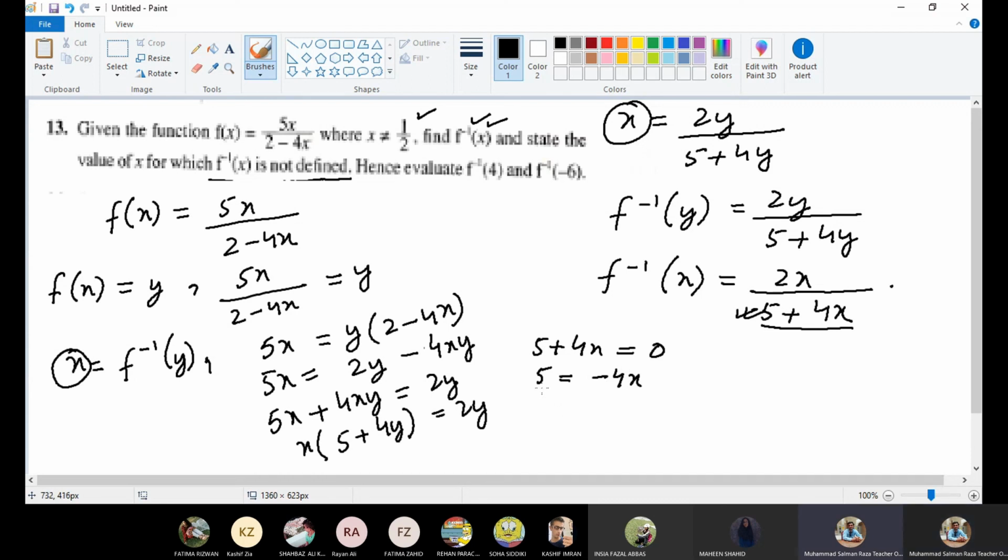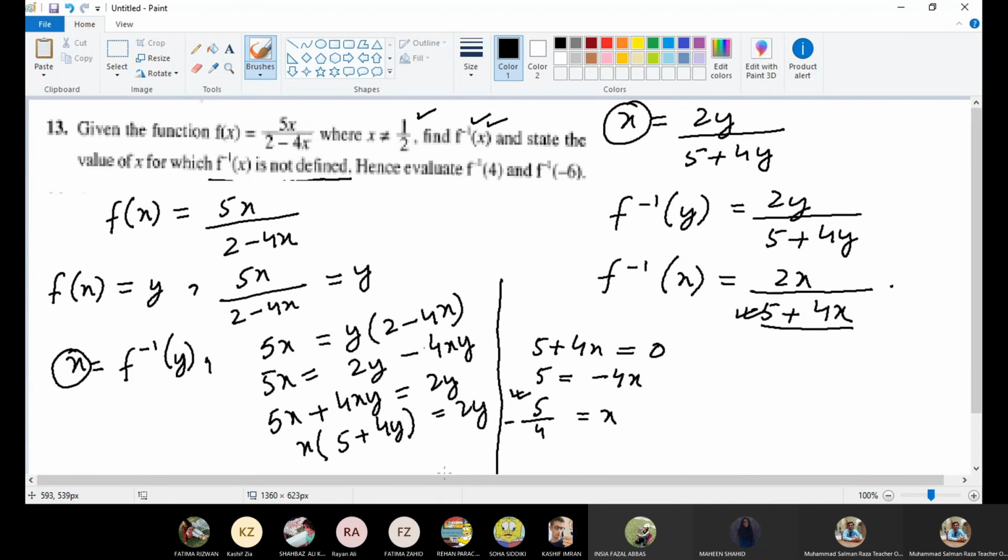It is going to become 5 is equal to minus 4x, and then x is equal to minus 5 upon 4. So this is the value of x for which the function will become undefined.